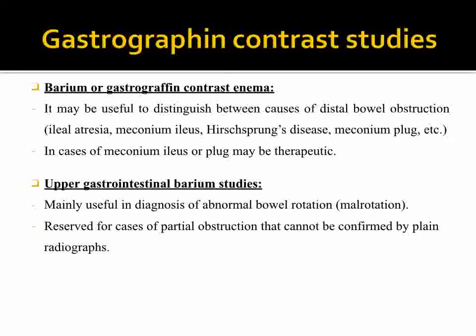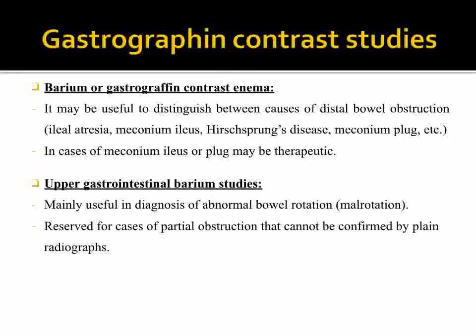Okay, so we diagnose this baby with neonatal intestinal obstruction based on the clinical presentation and the radiographic diagnosis. Radiographic diagnosis may be plain X-ray, and sometimes we need to do a contrast study either from above, gastrographine swallow, meal, or follow through, or from below, gastrographine enema.